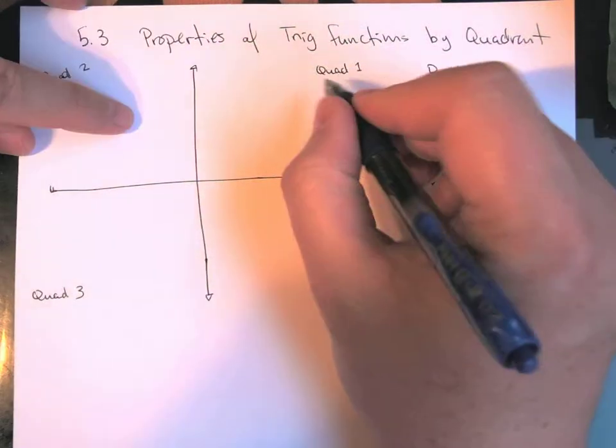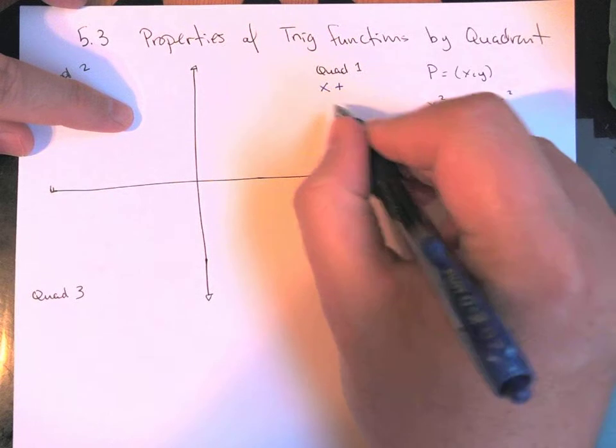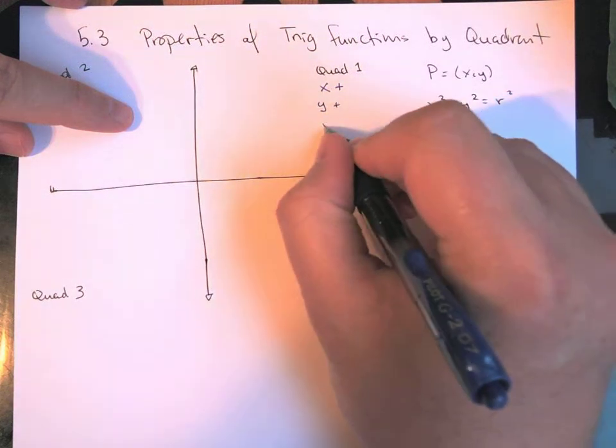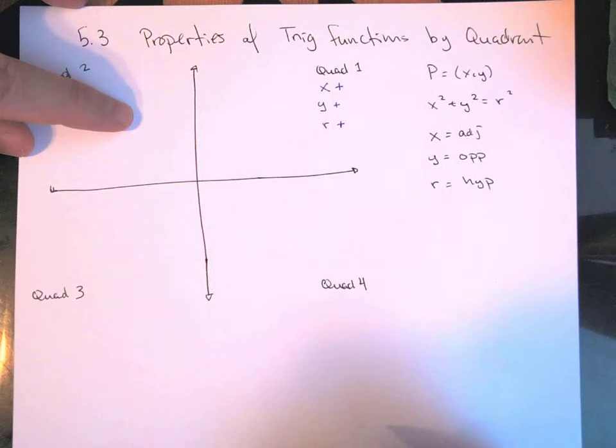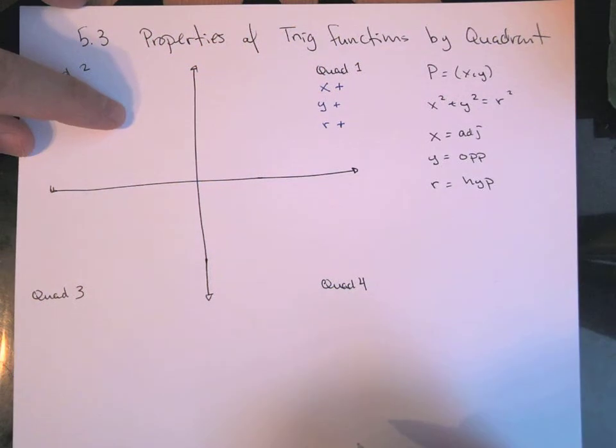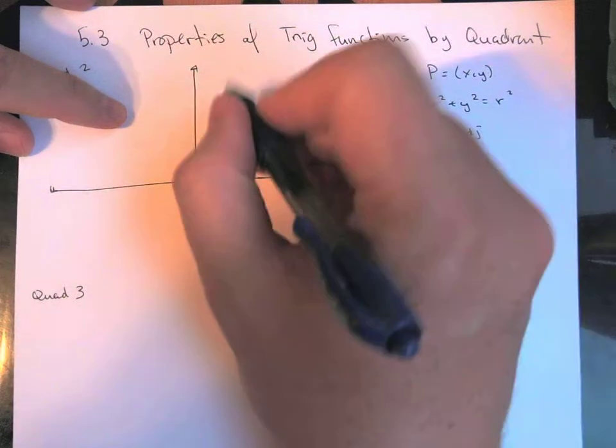Quadrant 1, right, x values are positive, y values are positive, r is always positive. So if x and y and r, all of the individual terms are positive, then all of our trig functions will be positive.